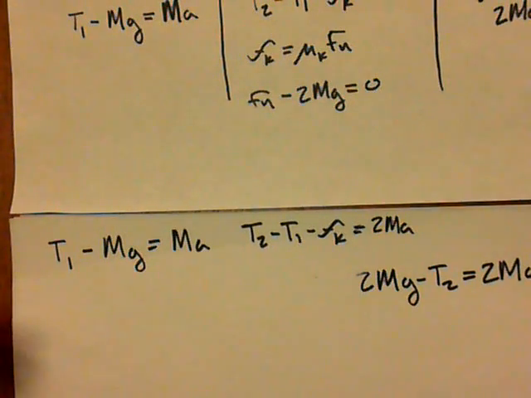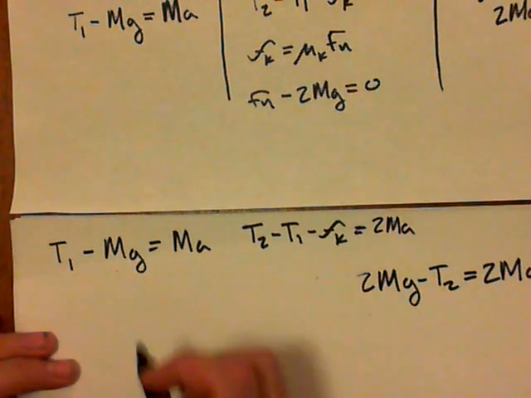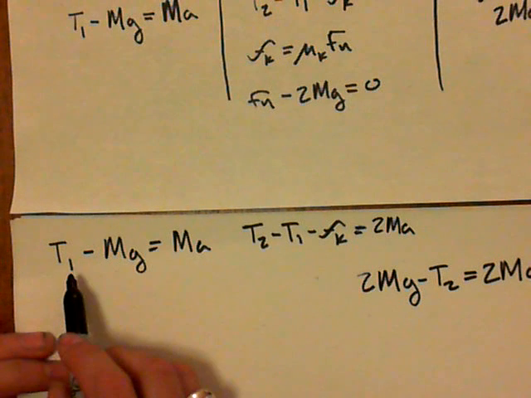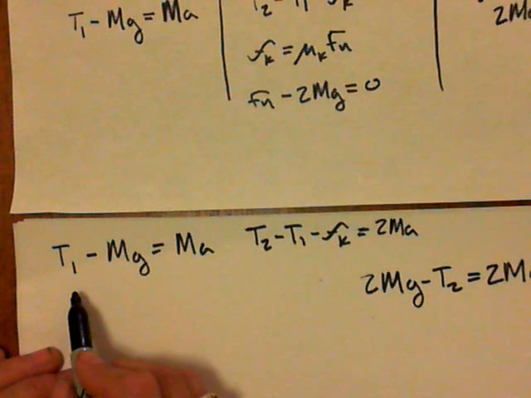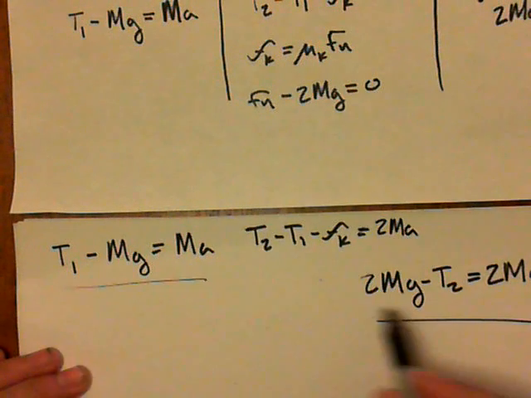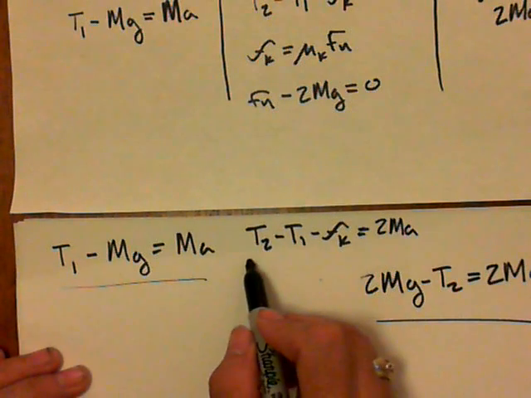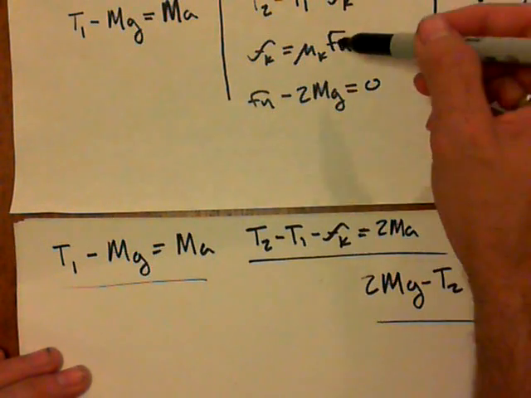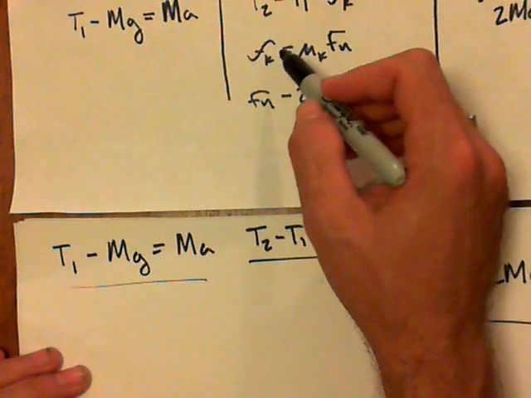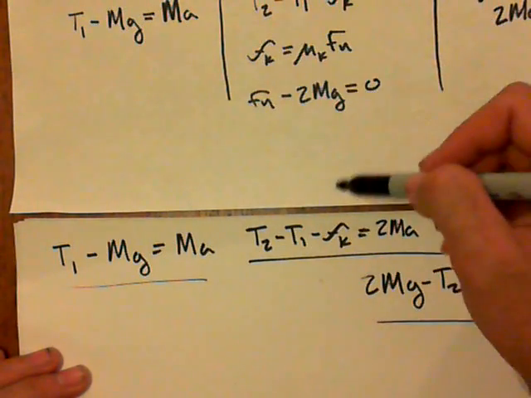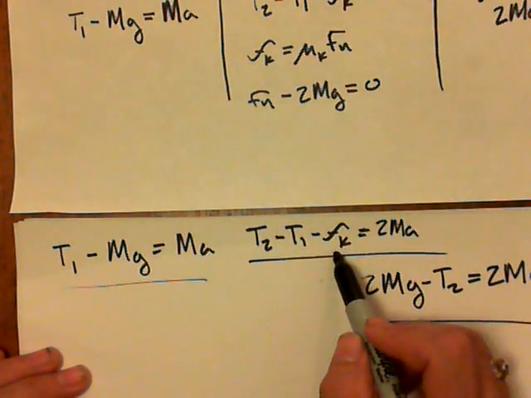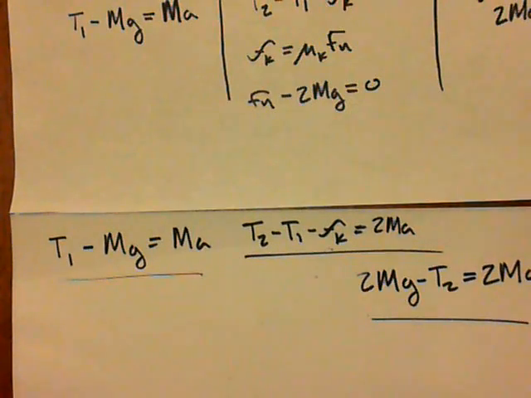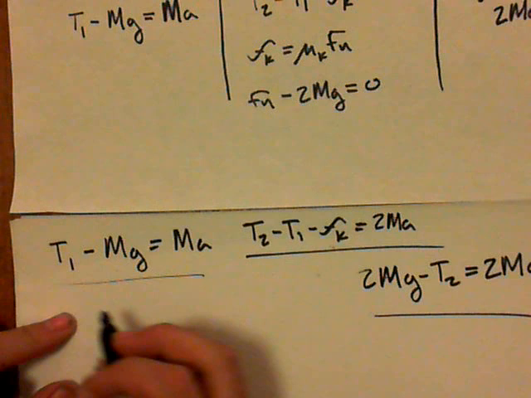So now let's see how we can get these all to work together. I want to solve for all of their T's, and then I'm going to solve this for T, and then I'm going to solve this for T, and then I'm going to plug my T's back in here. I'm also going to plug these two into my frictional force, and then I'm going to have everything in terms of m's, g's, and a's, and we're going to see why that is in a second.